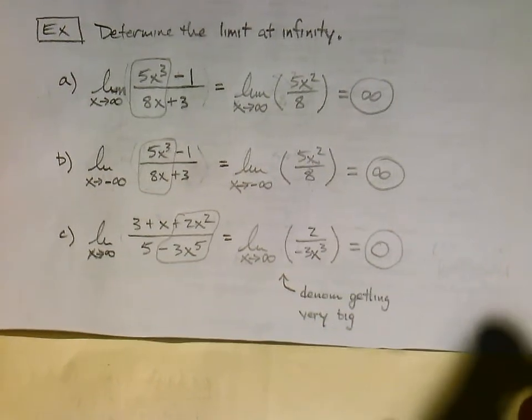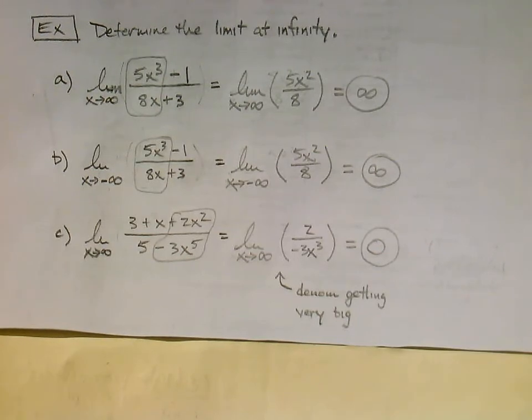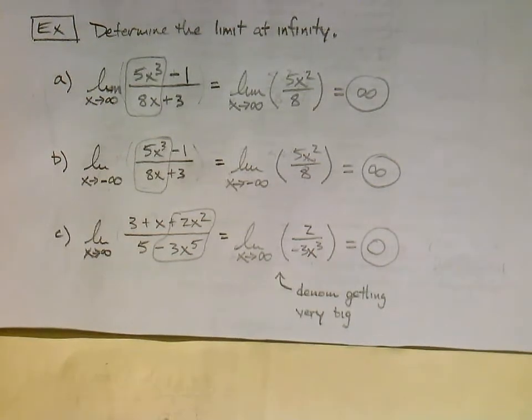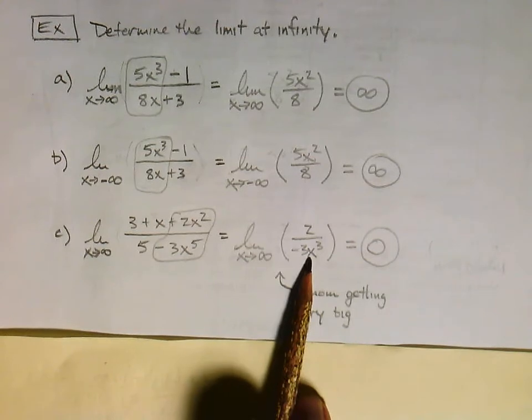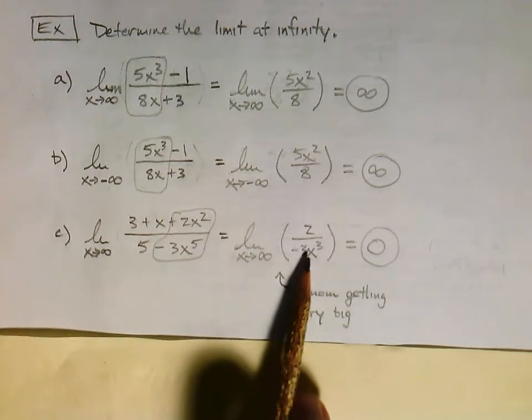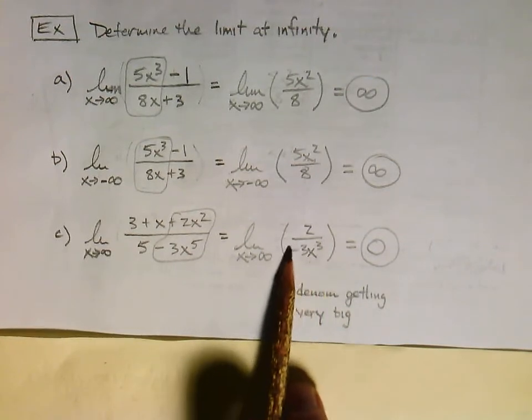And here's my explanation. I wrote it down. Think of it this way, that the denominator is getting very big. Sometimes it's handy to think of plugging in infinity. Other times it's more appropriate to think, it's not that we're plugging in infinity, it's that x is getting closer to infinity. So x is getting larger and larger and larger. Well, as x gets larger, this denominator gets bigger and bigger as well.